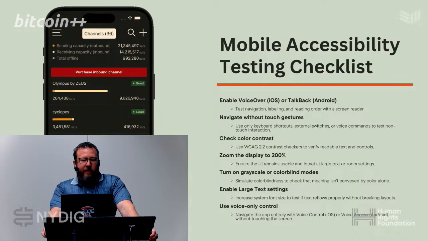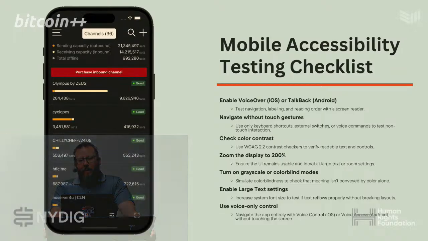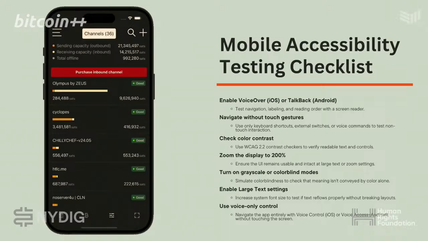Enable large text settings. This is another thing we want to check, particularly with VoiceOver, with Apple and iOS, because they have this thing called dynamic type, and quite often what application developers will do is they'll create a native application with a native wrapper, and then they'll provide a web view into a progressive web app.